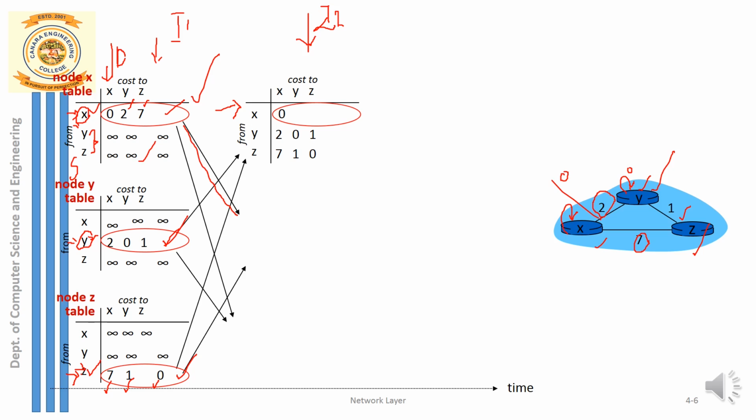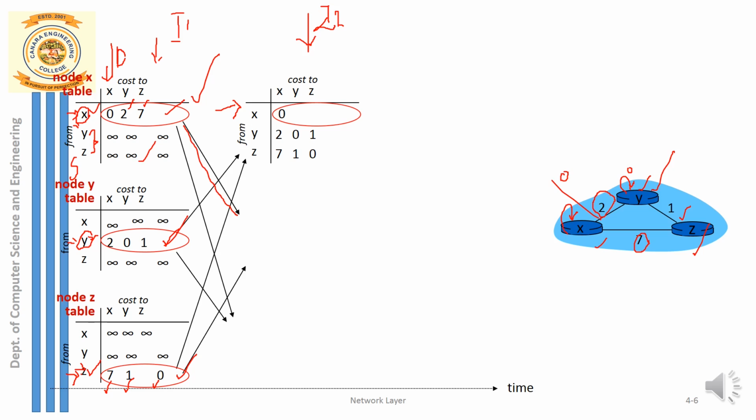In order to update the distance value for node x, it has to obtain the distance vector that node y has calculated and that node z has calculated. Because for node x, the neighbors are node y and node z. So both node y and node z have to share their distance vector with node x.